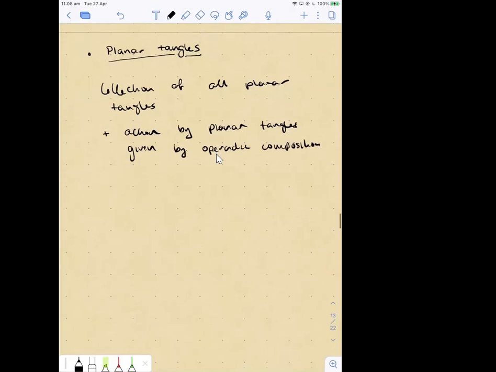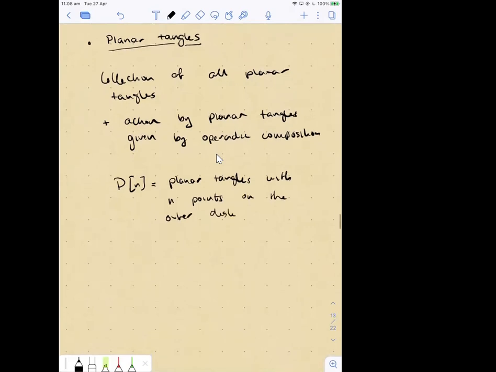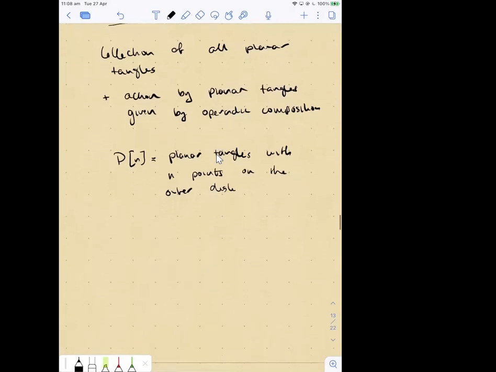And you can see here that the box space Pn is given by planar tangles with n points on the outer disk. So this is just a really trivial example, just to motivate that this is a thing that exists. It isn't just a random notion.